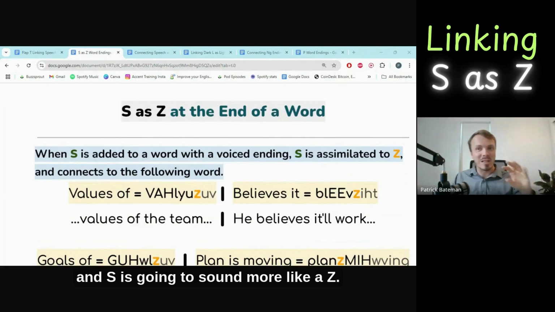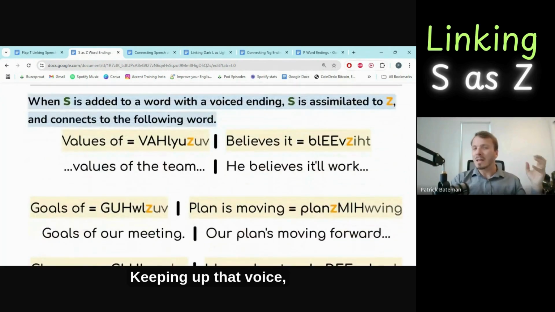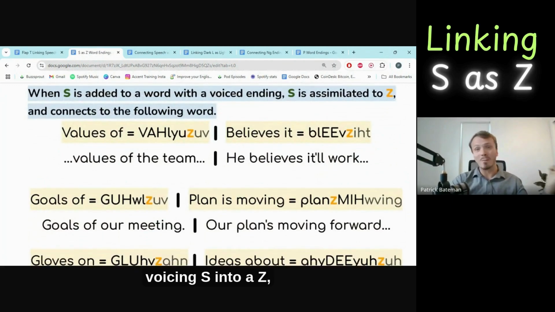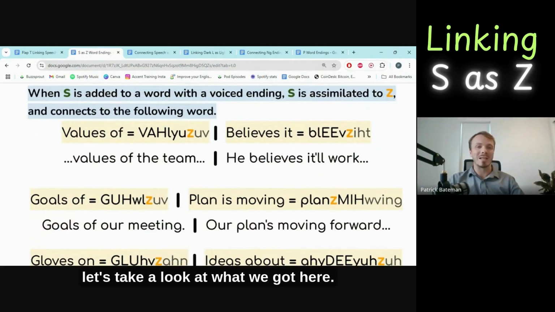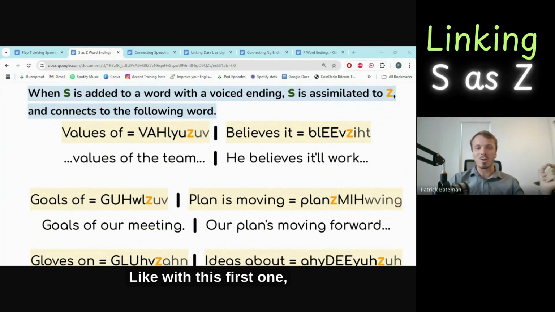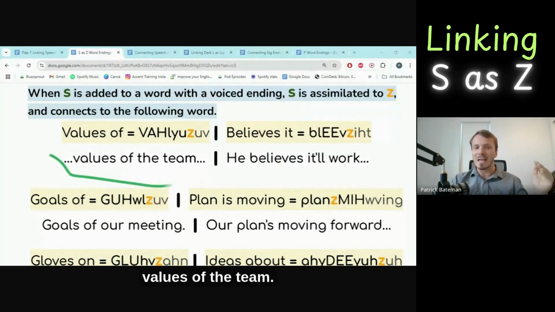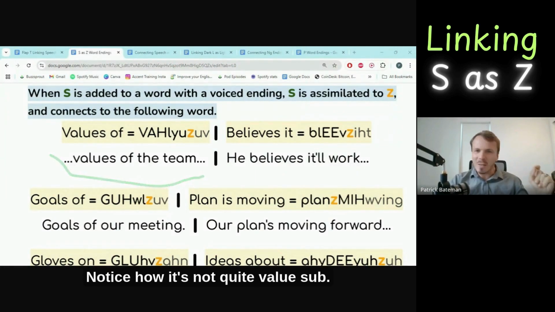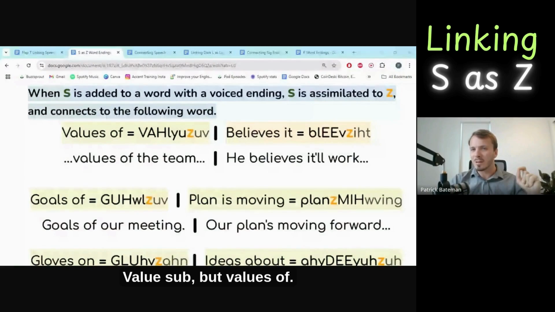And S is going to sound more like a Z. Keeping up that voice, voicing S into a Z, let's take a look at what we got here. Like with this first one, values of the team. Notice how it's not quite value sub, but values of.